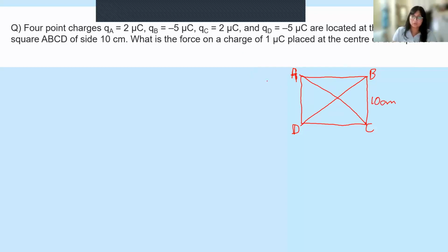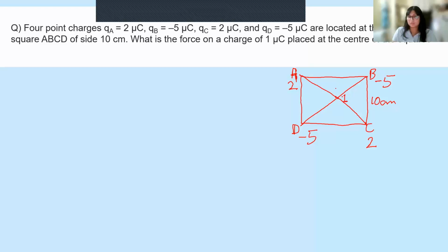Suppose this is your 10 centimeters, and now you have the charges. QA is 2 microcoulomb, QB is minus 5, QC is again 2, and QD is minus 5. With the sides being 10, you have a center, and suppose there's a charge of 1 over here.